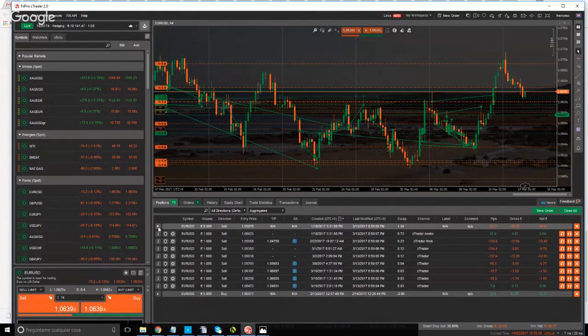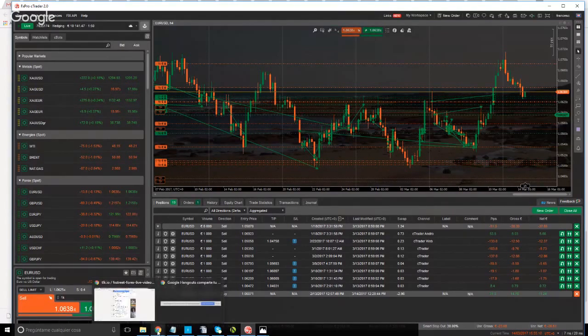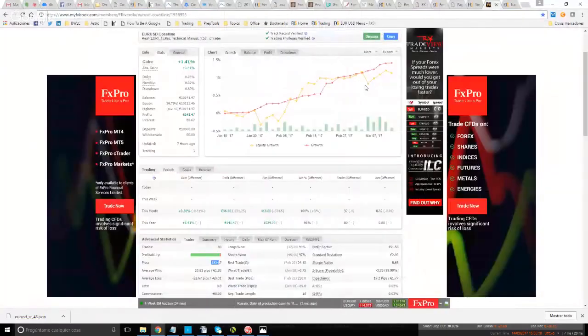Yet the market is going up. So as we see here, the equity right now is below the balance. The equity is below the balance, okay, while we have achieved a 140% gain. In real results, we would have made only 1.13. Okay, so there is a floating difference here.